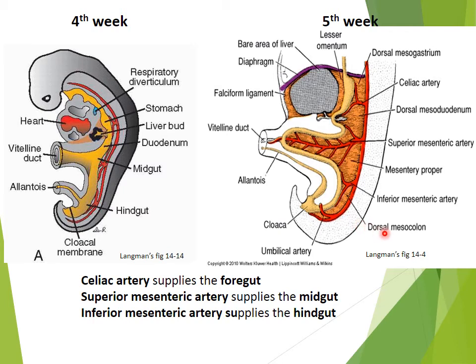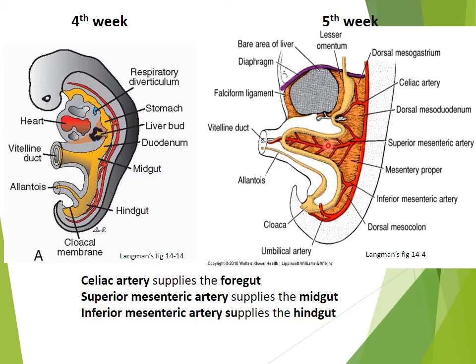And do you know what the mesentery is by definition? I hope you have studied the peritoneum in a very detailed manner in gross anatomy. It is the double fold of the peritoneum that makes the mesentery, enclosing and wrapping the gut tube.